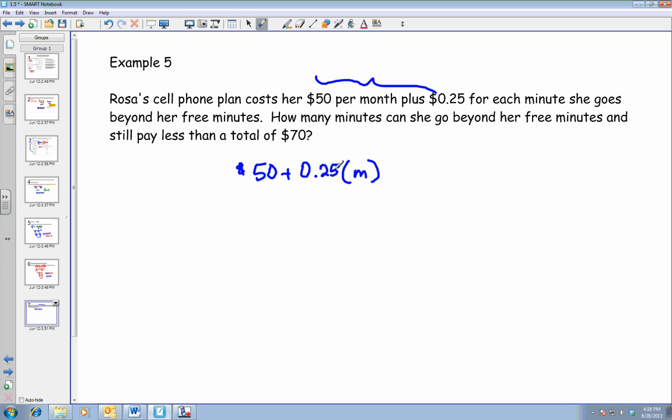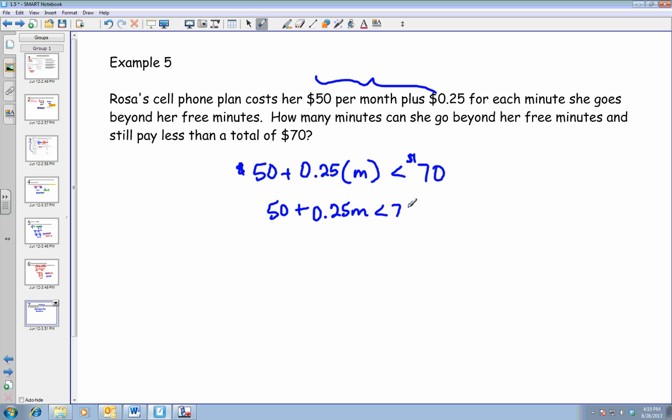So 25 cents times the number of minutes she goes over. So I have 50 plus 25 cents for every minute. And we know we don't want this amount to go over $70. So she wants to pay less than $70. So that's our, not equation, our inequality.